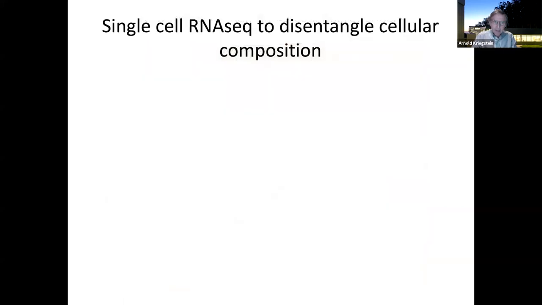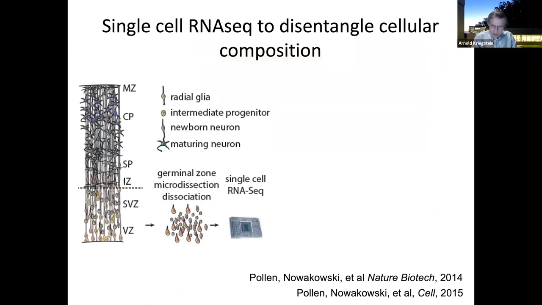So my lab has been using single-cell RNA sequencing techniques to disentangle the cellular composition of developing human brain. Our initial study, quite modest in retrospect, was about 350 cells, which we captured on these microwell plates, Fluidigm produced at the time. And we could capture up to about 60 or 70 cells per microchip.